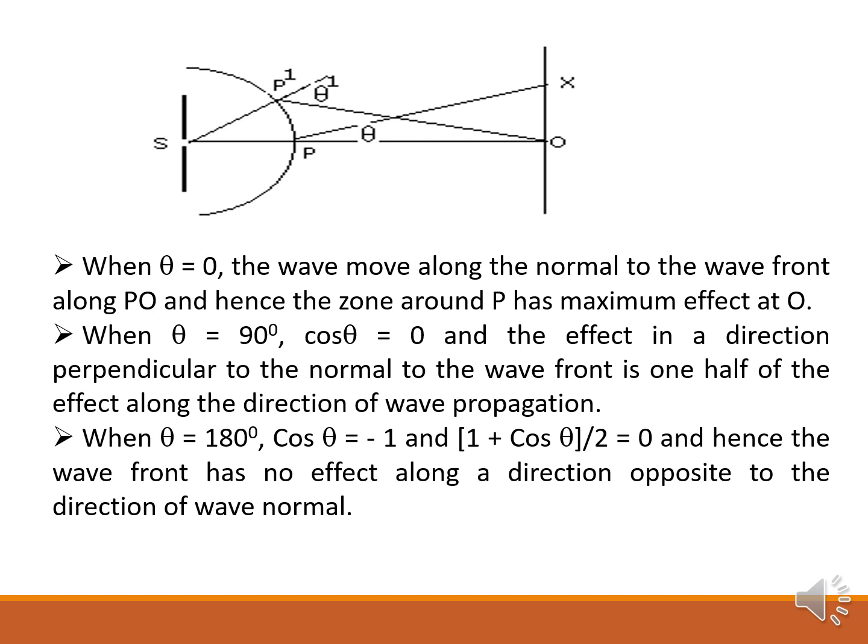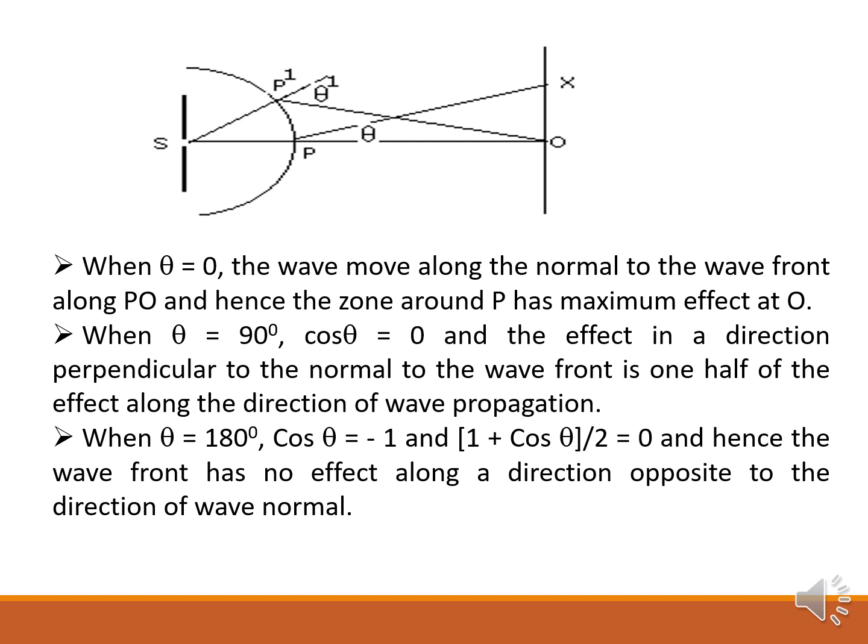Now in this figure, when theta is 0, the wave moves along the normal to the wavefront along PO, and hence the zone around P has maximum effect at O. But when theta is 90, cos 90 is 0, and the effect in a direction perpendicular to the normal to the wavefront is 1/2 of the effect along the direction of wave propagation.